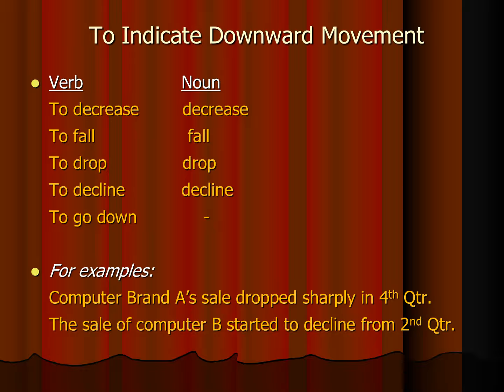For example, computer brand A sales dropped sharply in fourth quarter. Atau the sale of computer B started to decline from second quarter. Oke. Itu adalah contoh kalimat untuk mendeskripsikan data dengan penurunan atau data yang turun, downward movement.